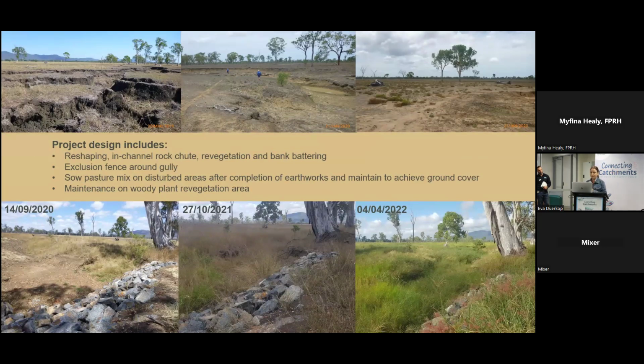We then sowed some pasture mix on the disturbed areas after the completion of the earthworks, which was really to establish some ground cover to ensure the success of the project going forwards. You can see in those monitoring photos down the bottom, that was after the works were fairly well complete. So from 2020, 2021 and 2022, those revegetated areas really were established.